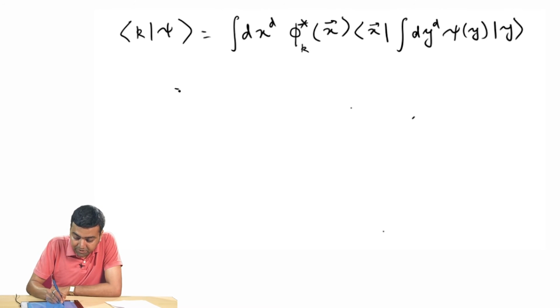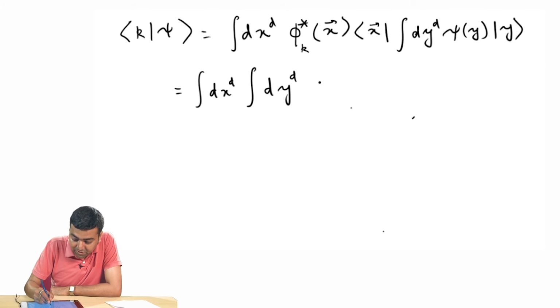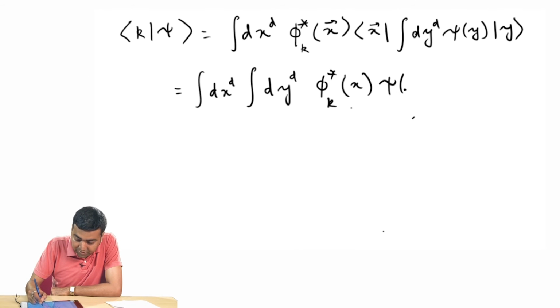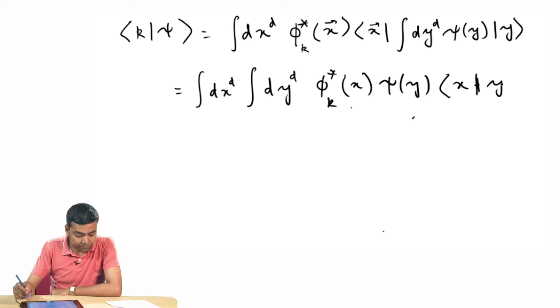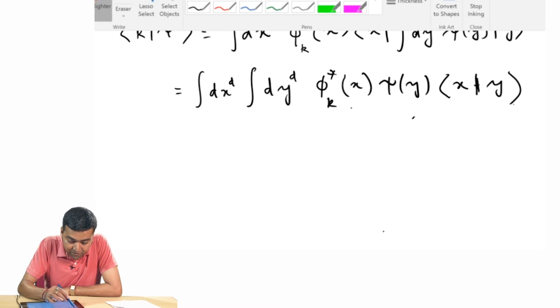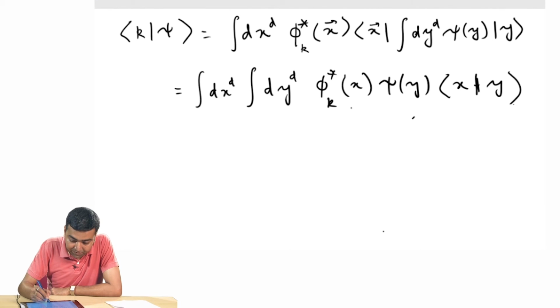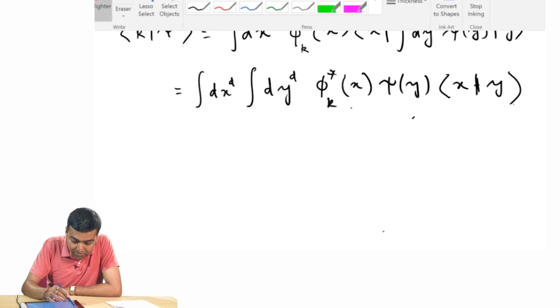If I work out this algebra, I will bring the integrals together, dx dy, then I will get phi_k*(x) psi(y) and <x|y>. Now, let us club the following terms together, the ones which I am marking with red color.